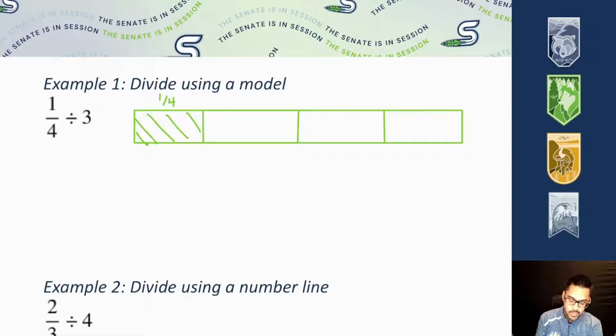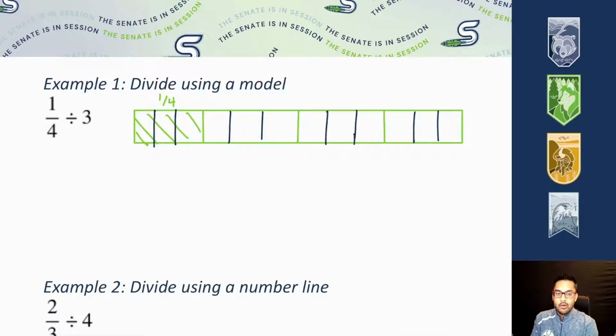Now if I take that 1/4 and split it into 3 equal pieces, and you imagine cutting the rest of the bar into those same pieces, because everything is getting divided by 3 here, the entire bar has 12 parts. However, we are only concerned with 3 out of those 12 parts.